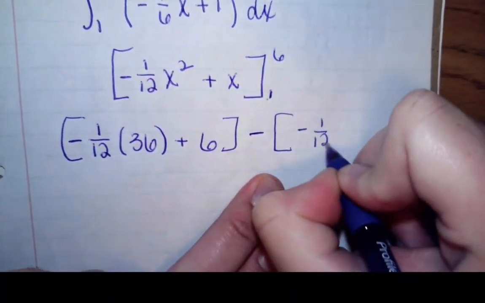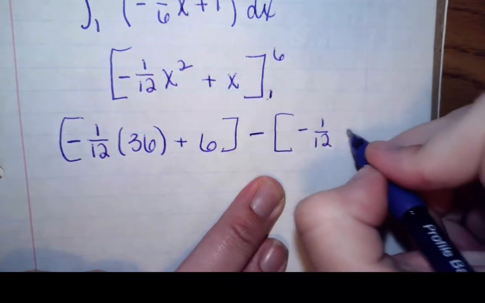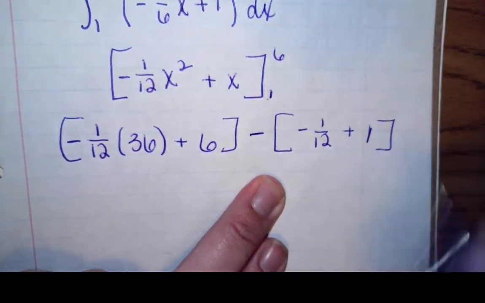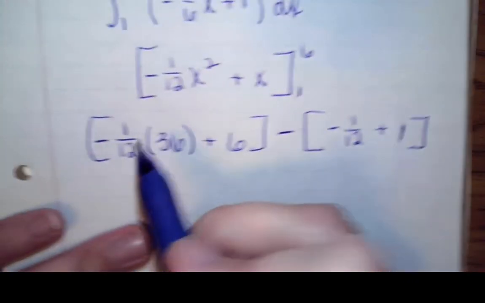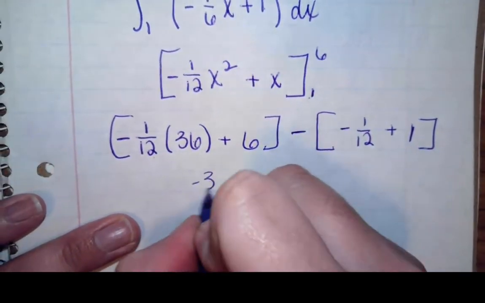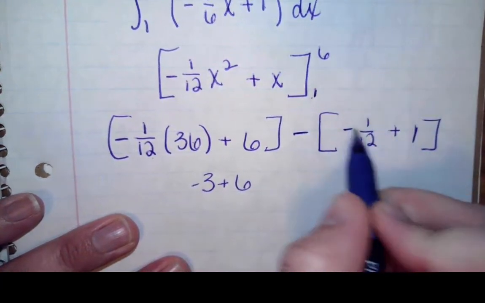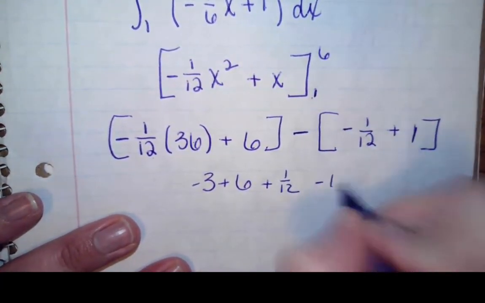So negative 1/12 times 1 squared is 1, which is negative 1/12, and then plus 1. So now what do I have? Negative 1/12 of 36 is a negative 3. So negative 3 plus 6. This is going to be a plus 1/12. And that's going to be a minus 1.